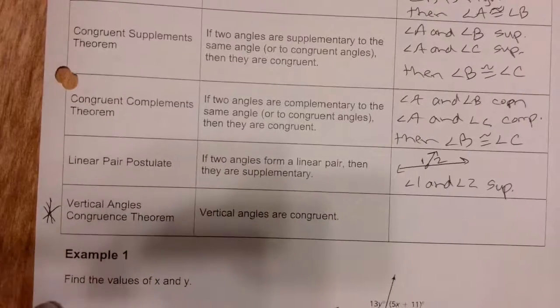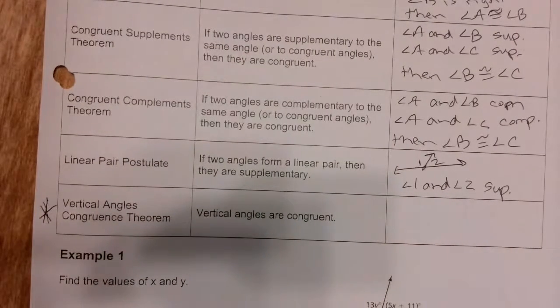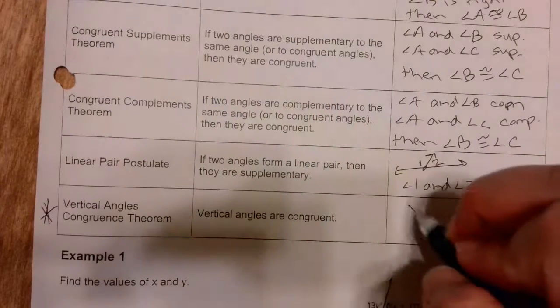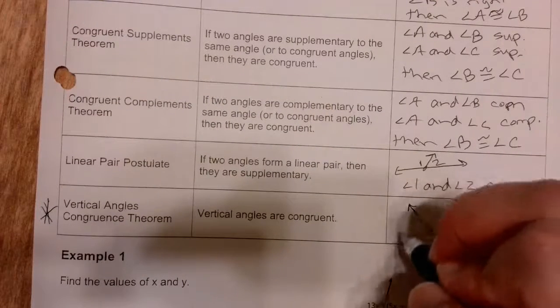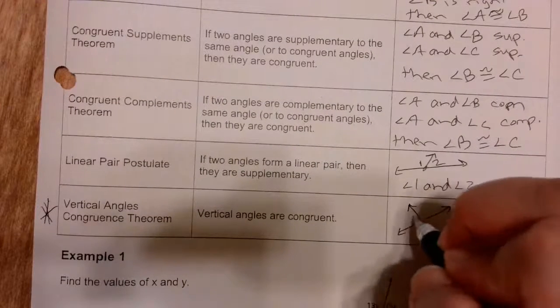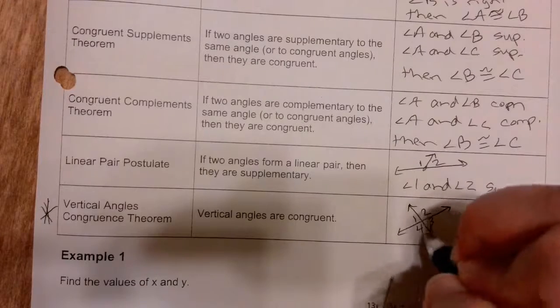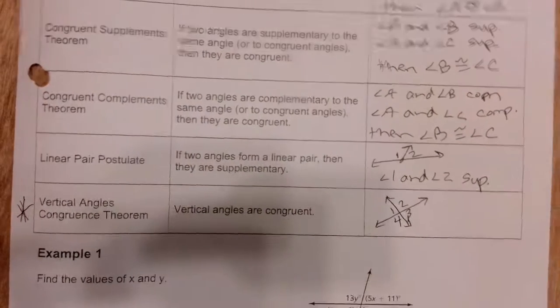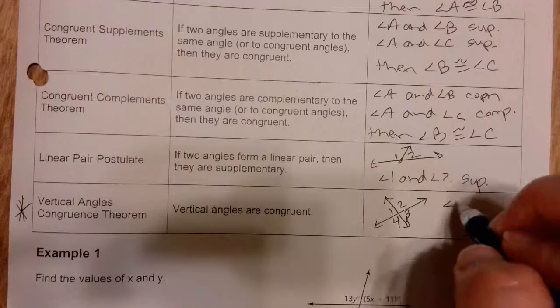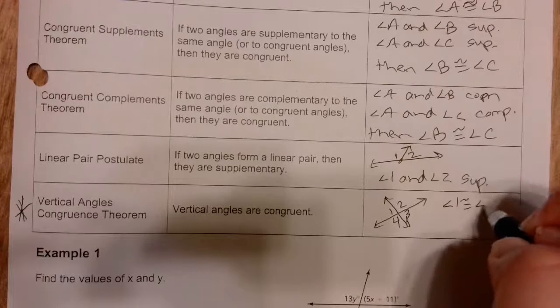This last one, the vertical angles congruence theorem, is one of the most important ones of the whole year. You'll use this first semester and second semester of geometry. And that is that vertical angles are congruent. Always. This is always true. So if I draw a picture with 4 angles, 1, 2, 3, 4, angle 1 is congruent to angle 3.